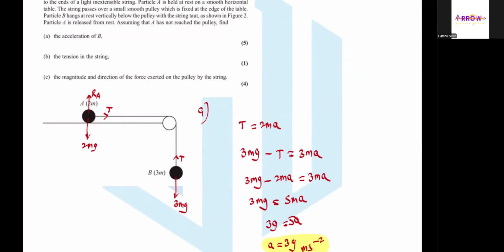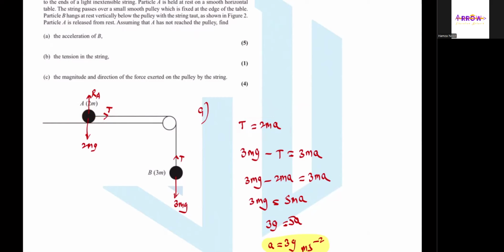When we are considering the forces horizontally on this particle A, there is only this force T, which is the tension in the string. According to Newton's second law of motion, net force is equal to mass times acceleration. There is only the force of the tension in the string which is pulling this particle A towards the pulley. So T will be equal to 2ma.